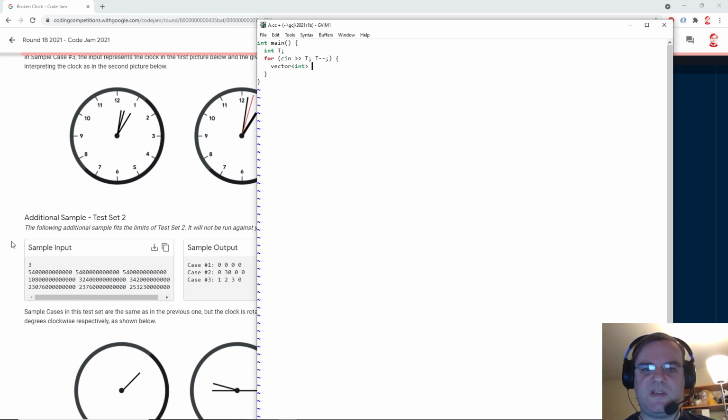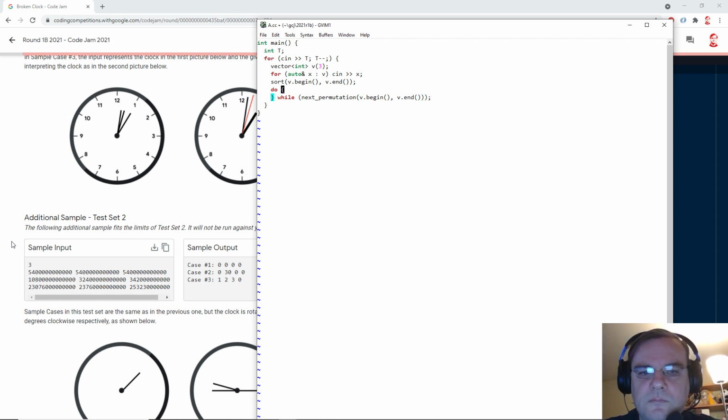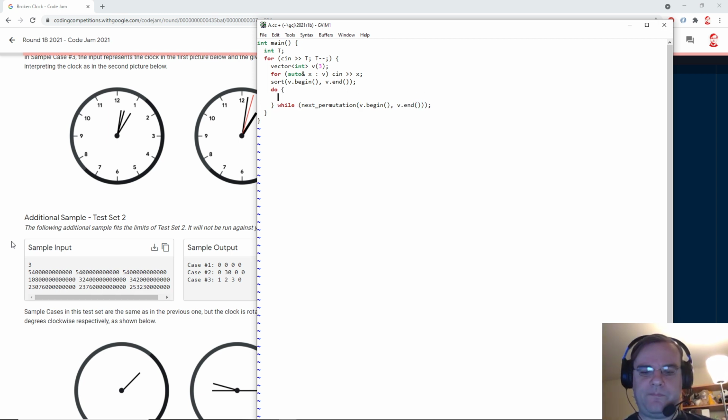I want to be able to permute these easily, so I'll just read them into a vector. So we'll say h is equal to, oh, these should be 64 bits, probably.